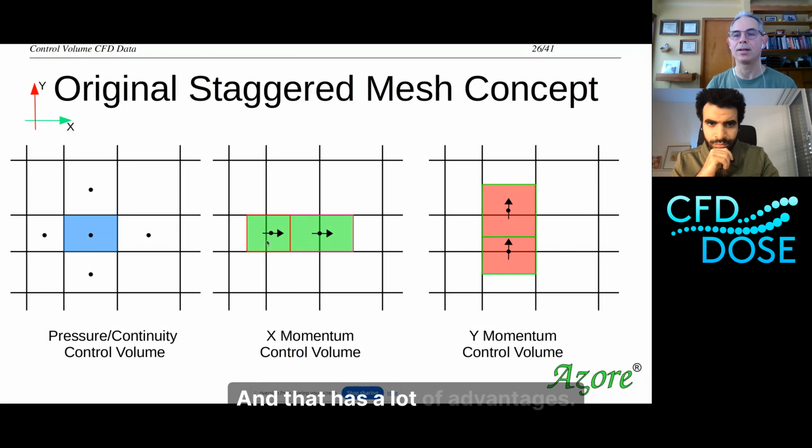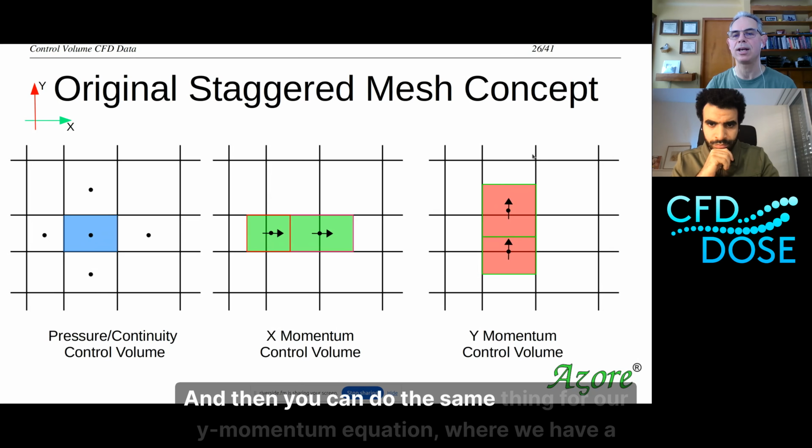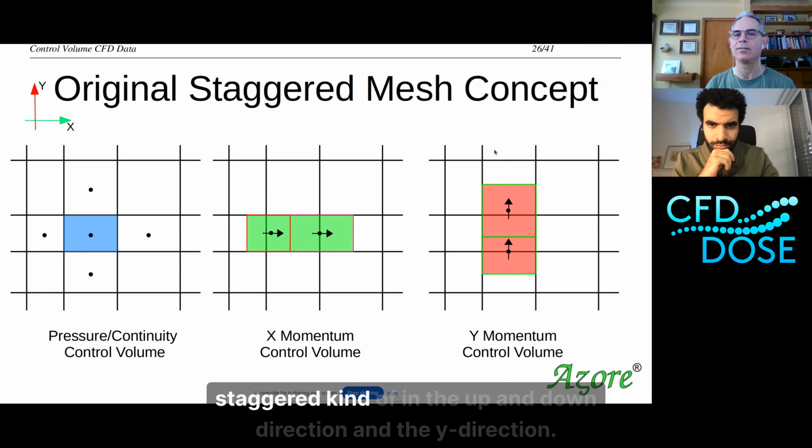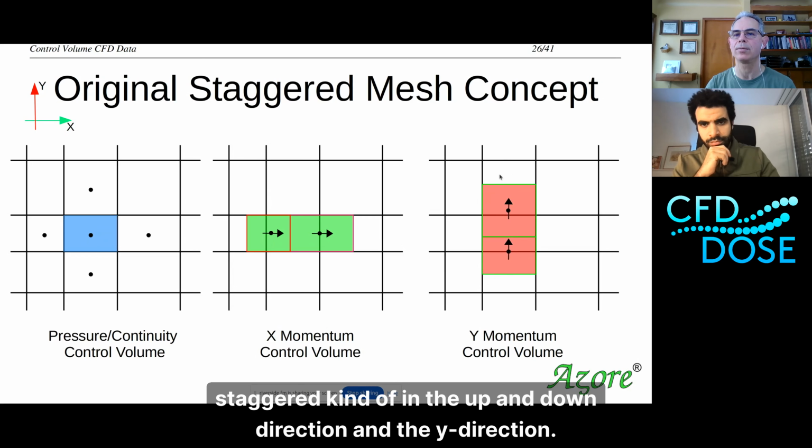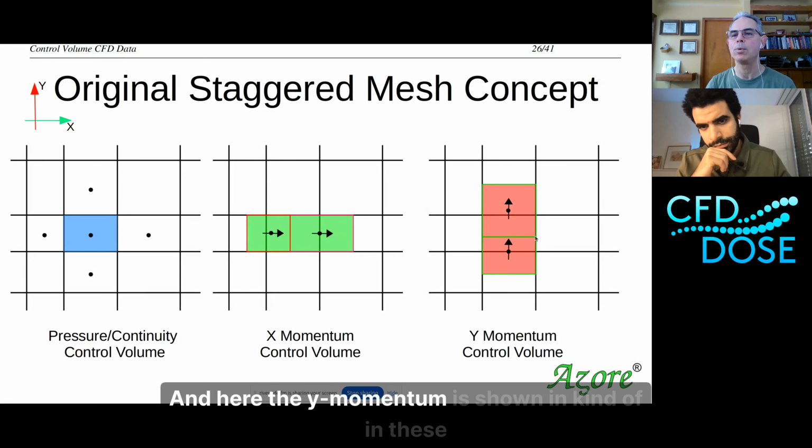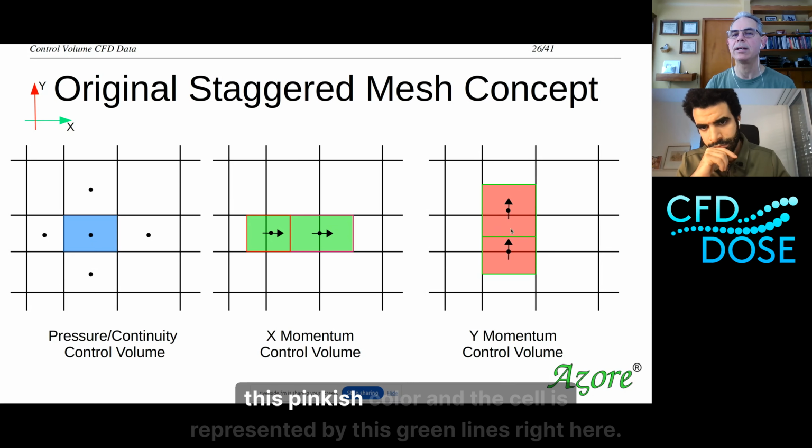And that has a lot of advantages. Then you can do the same thing for our Y momentum equation, where we have a stagger in the up and down direction, the Y direction. Here the Y momentum is shown in this pinkish color, and the cell is represented by these green lines right here.